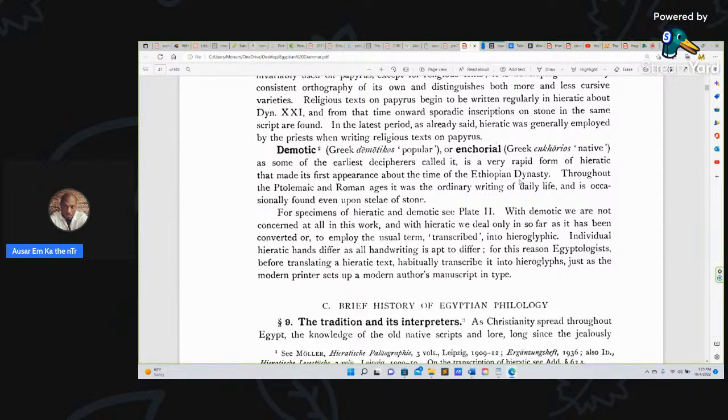And even though the Greeks claim it as their own, we have it right here, native. It's enchorios. It's a native writing, according to the earliest decipherers. And it appeared when Ethiopians appeared.